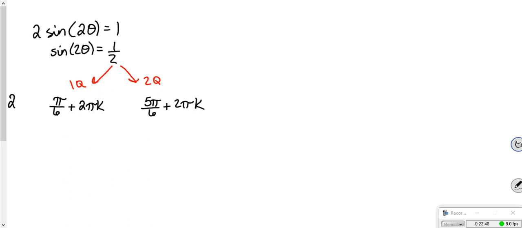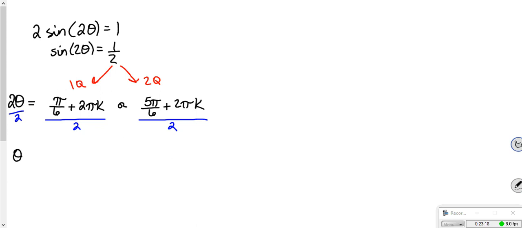This was 2 theta equals this or this. So how do I just get 1 theta? I actually have to come in here and divide everything by 2 to solve for 1 theta. Because what I actually solved for was 2 theta. 2 theta is what got me the pi over 6 and the 5 pi over 6. So I have to divide everything by 2 to get down to 1 theta.